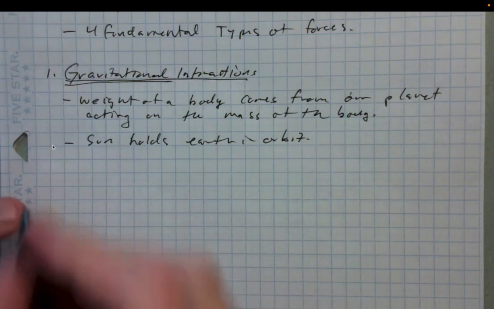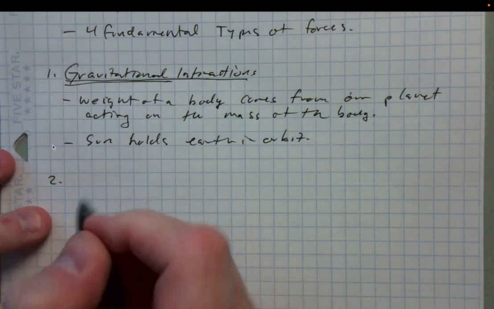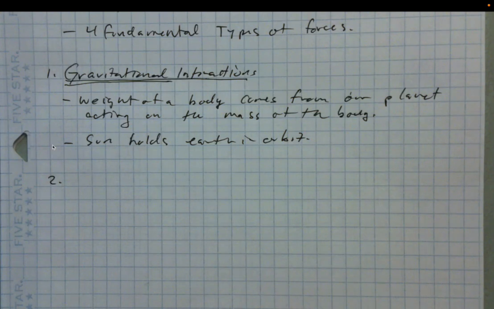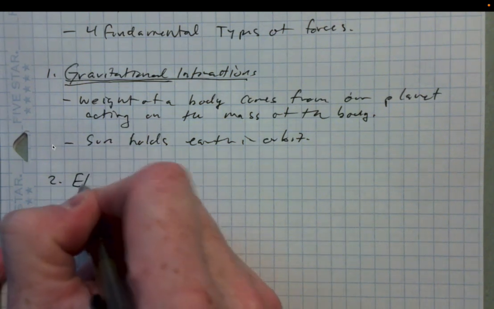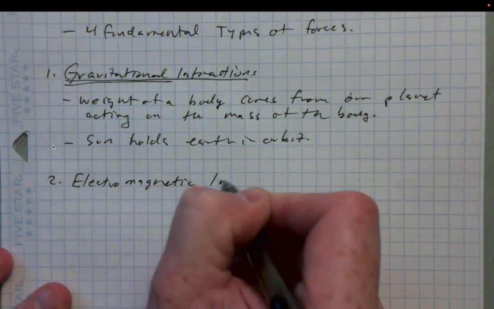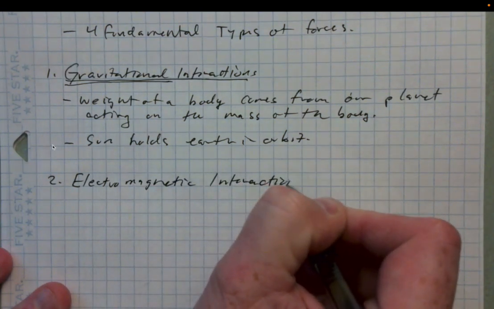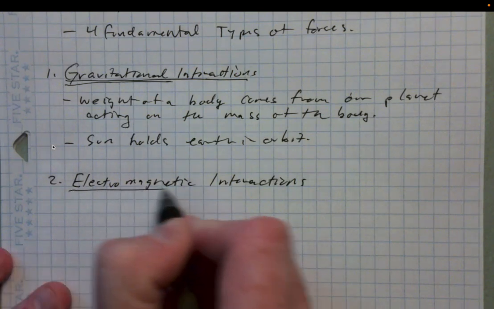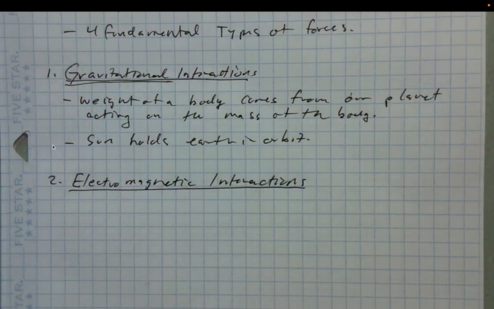The second one, another one that we've discussed, is electromagnetic interactions. We haven't really talked about electricity yet or magnetism, but the forces we've looked at are fundamentally of this type. And we'll get into this one in great detail in just 20 or 30 lectures or so.